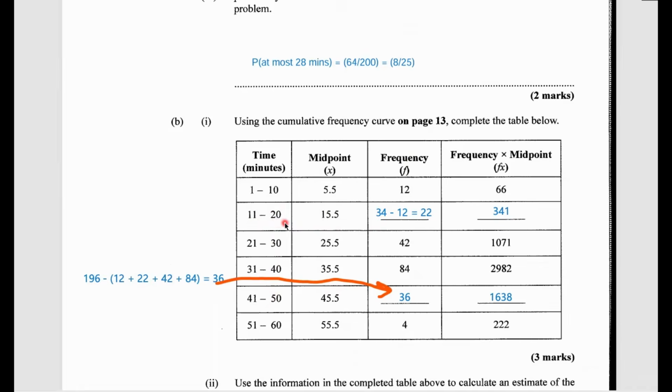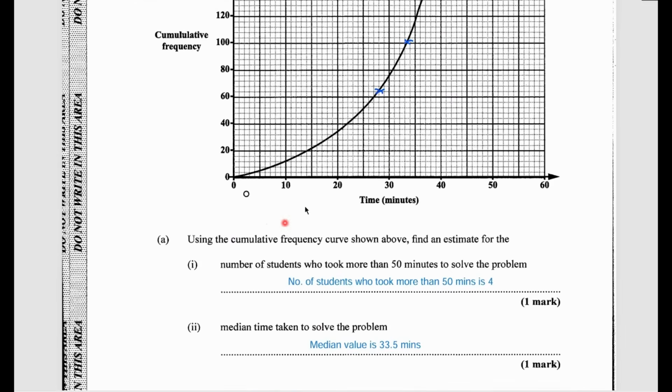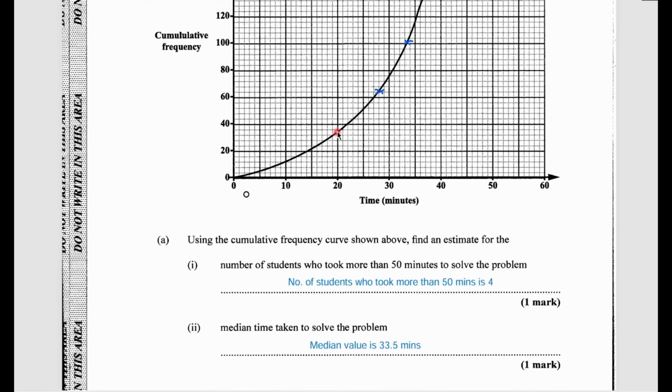So I look for 20. Go up, go across. Okay, so 20 is found, if I look carefully, between 32 and 36. So you get like what, 34? I'm getting 34, between 32 and 36, okay?